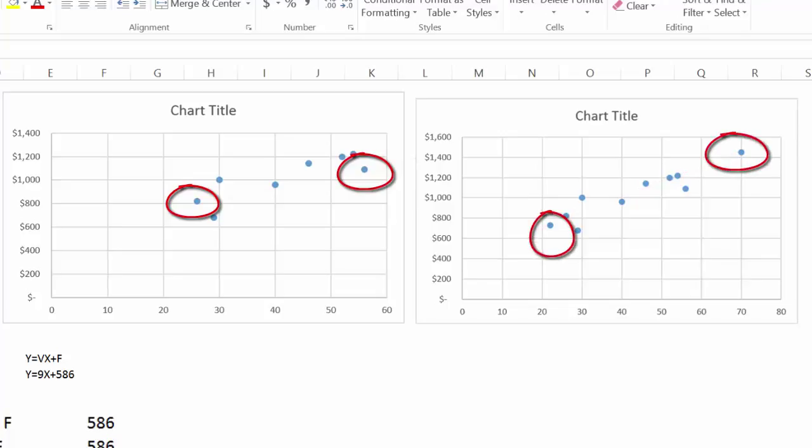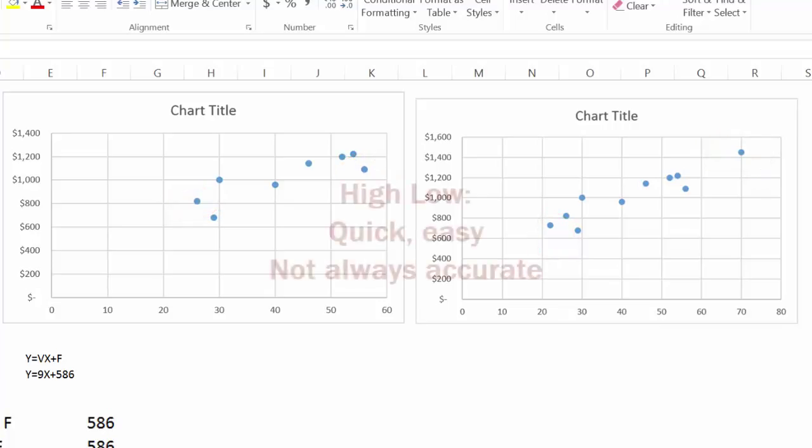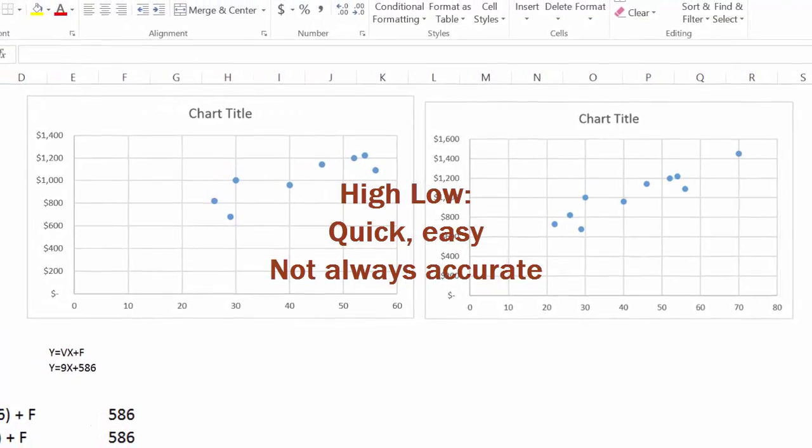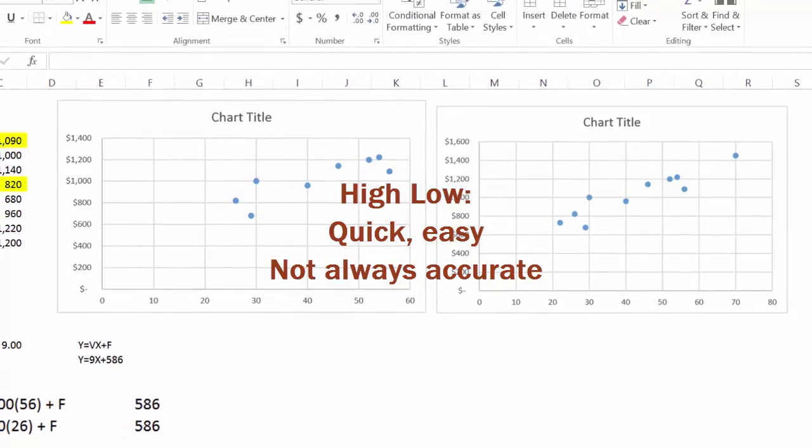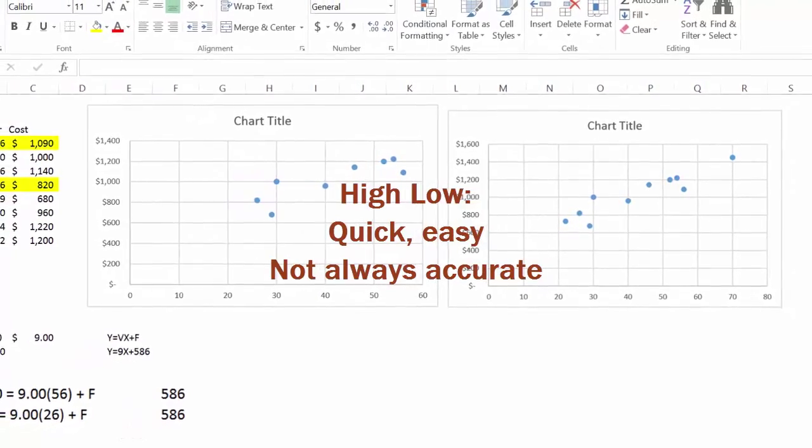You're not taking every point into consideration. So high-low is a great method to come up with a formula to predict your total costs when you have a mixed cost and you have limited time or no computer access. This gives us a point prediction.